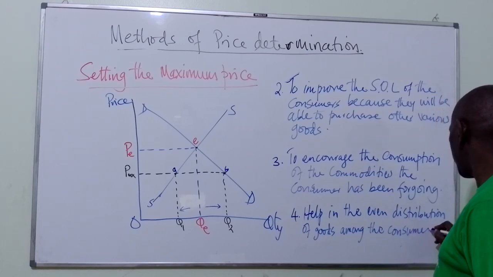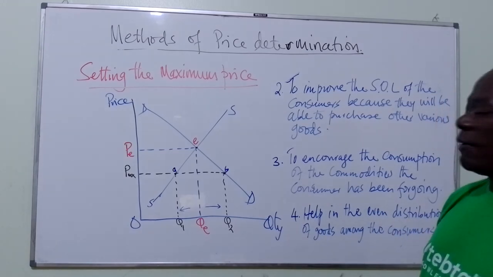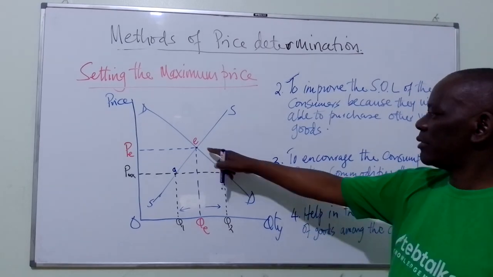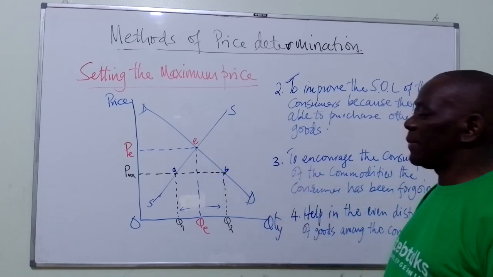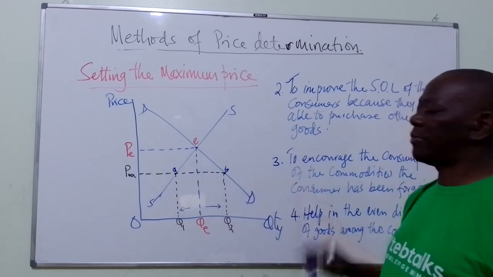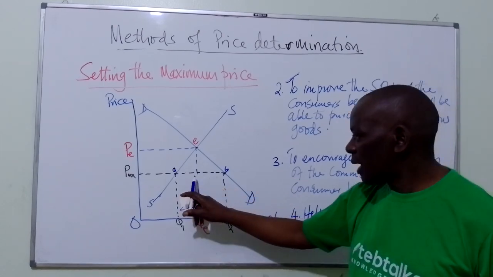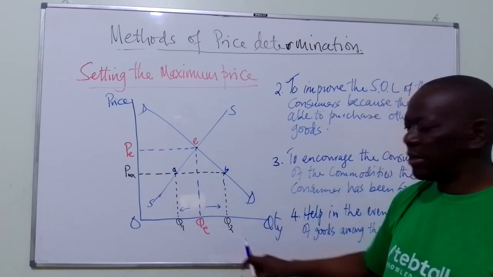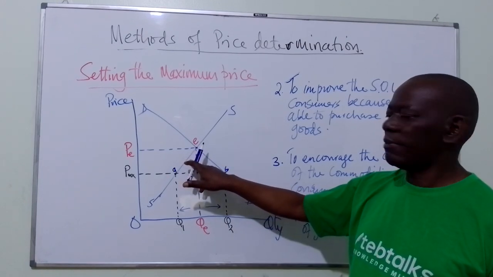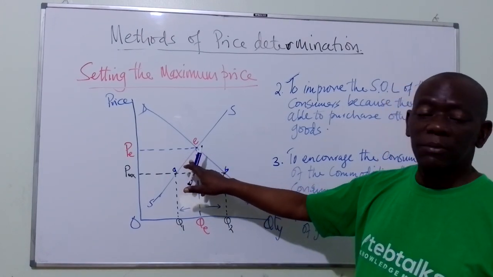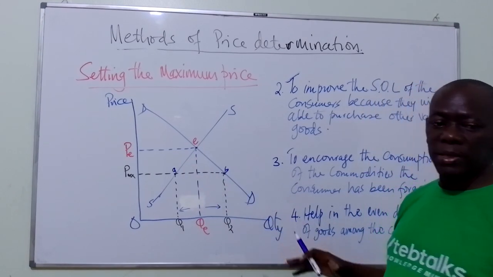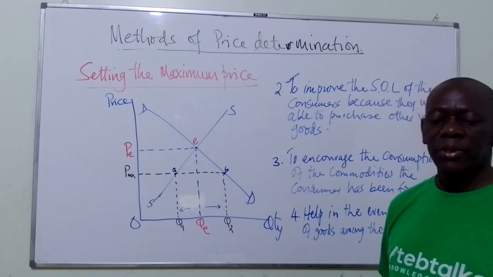The consumers have been foregoing commodities. Some have been buying, those are the ones who constitute this. But now, after the price has been set at a lower price, the consumers have increased. This increase in demand may not be from those who have been buying at the equilibrium point. These might be new consumers that have come in to consume the commodities.